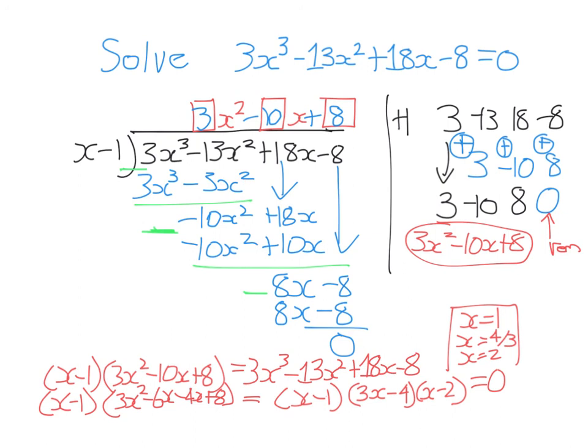So the idea is we have a polynomial here, perhaps even a polynomial equation, and we want to divide or factorize the polynomial. We need a factor to start with, and we can tell whether or not a linear polynomial is a factor by using the factor theorem.